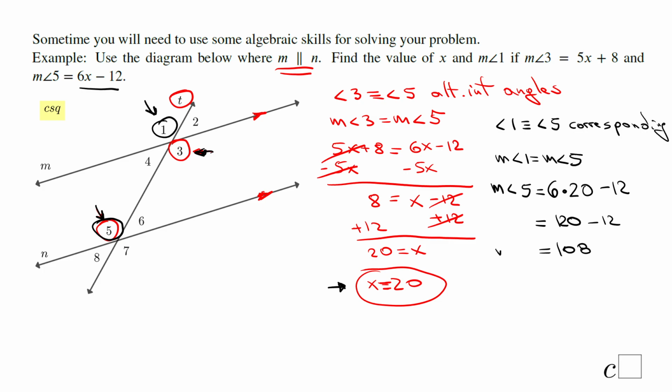The measure of angle 5 is 108. And obviously the measure of angle 1 now, the one we are asked, is going to be the same, 108 degrees. Okay, and that's it for this problem.